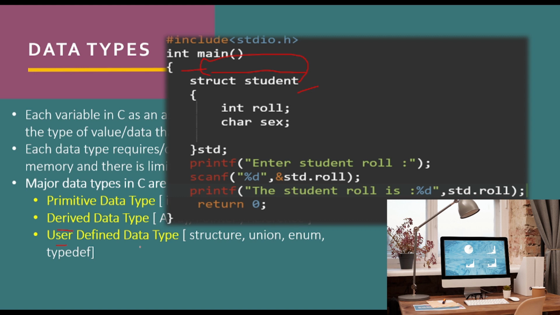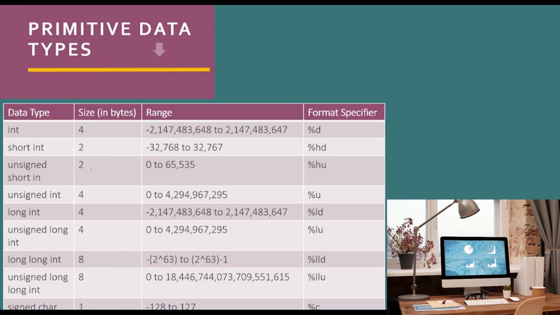So moving ahead, for the primitive data types, every data type has got a size in bytes, how much space it occupies in memory, what is the range, and what is the format specifier. If you refer to our previous session, we have already talked about format specifiers, but repeating it, these are the specifiers for the format of values that you are going to take as input or display as output.